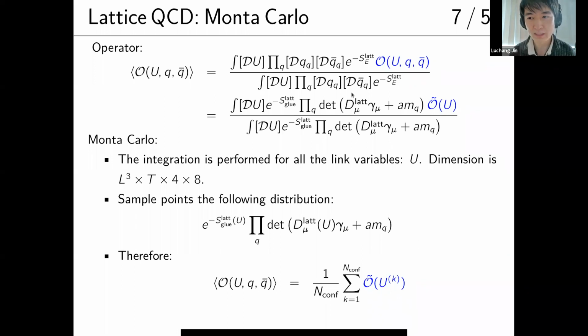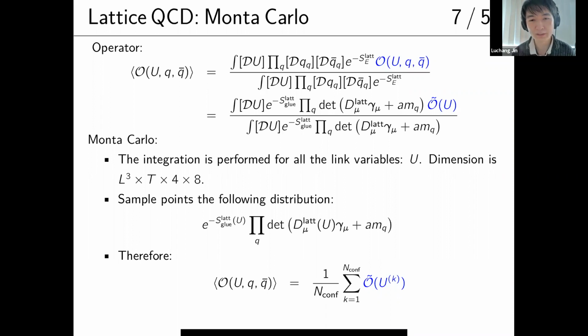And SU(3) variables. The Grassmann variables cannot really be handled on the computer, so instead we evaluate these path integrals for the Grassmann variables analytically. What we get is these determinants, and we try to calculate this determinant using various numerical methods, and only do the last step of the integral, the integration over the gauge links, using Monte Carlo methods.